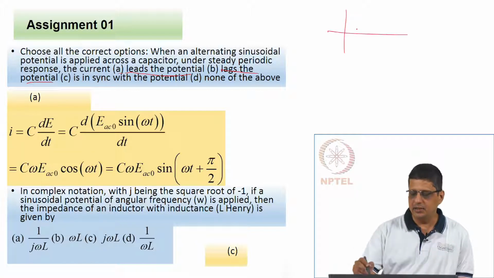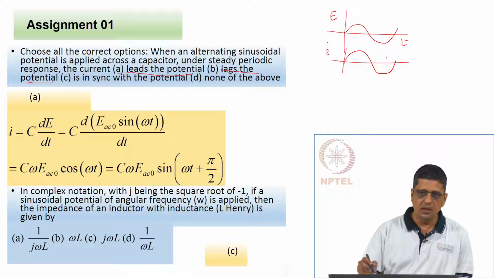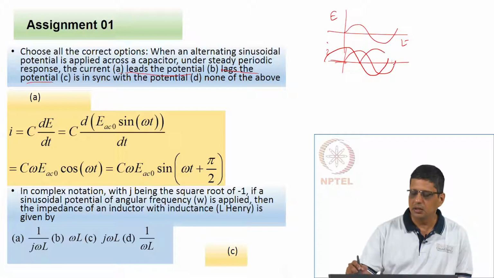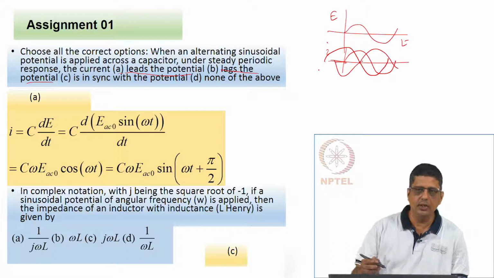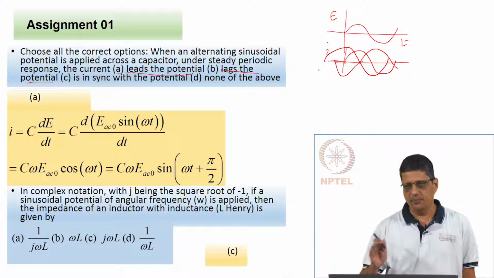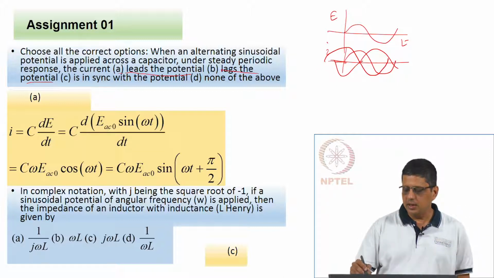When we say it leads, if this is potential versus time, when I draw current, if it is in synchronization, we will say phase difference is 0. If it goes like this, we will say it leads. If it looks like it is starting later, of course, when I say it looks like, I mean it has achieved steady periodic result, and then it looks like it is starting later, we will say it lags.